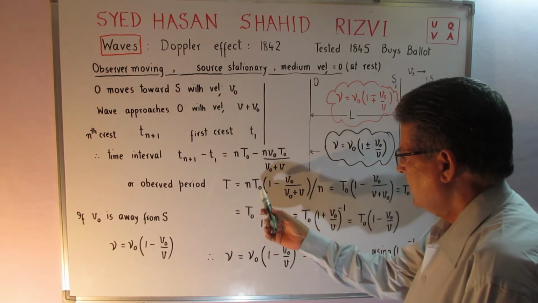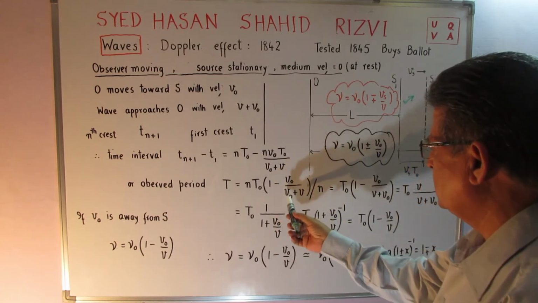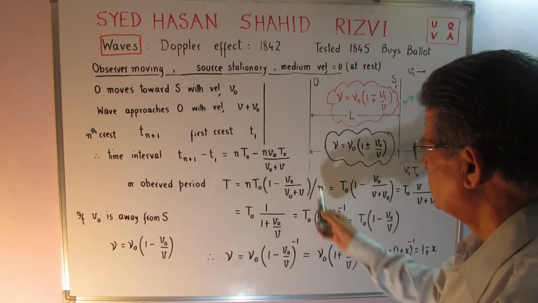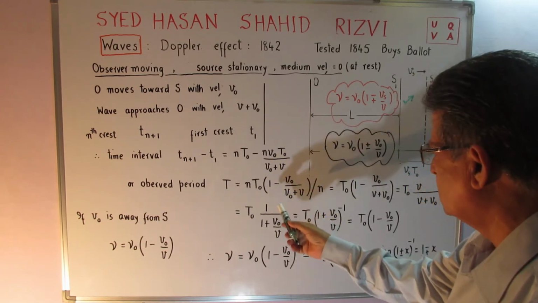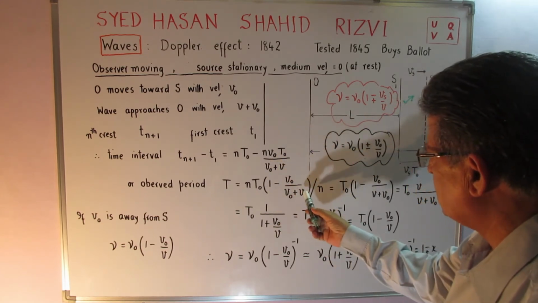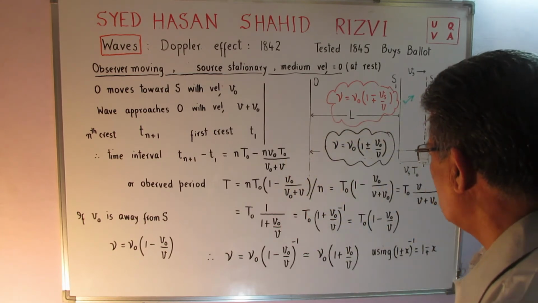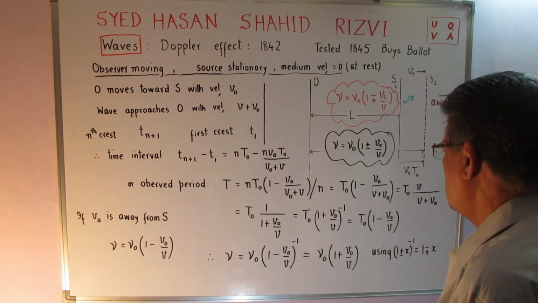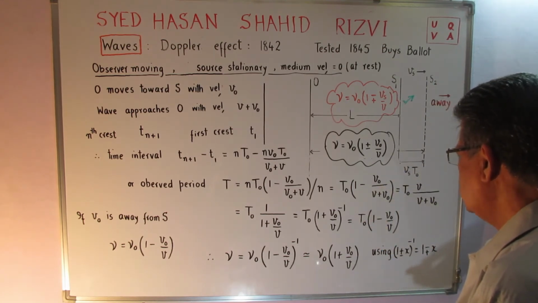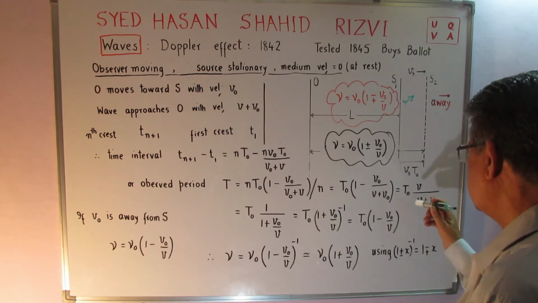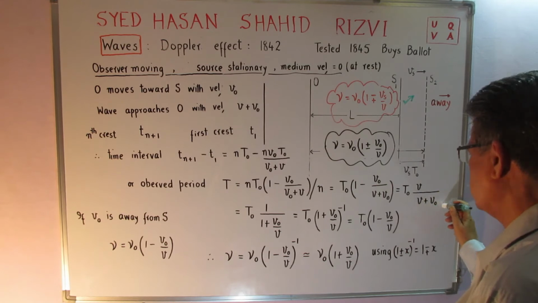I'll get it as t naught (1 minus v0 upon (v0 plus v)), and when I multiply it here, the whole thing will become equal to (v0 plus v minus v0) divided by (v0 plus v). So I can put here like that, and then we get this t0 and v plus v0.